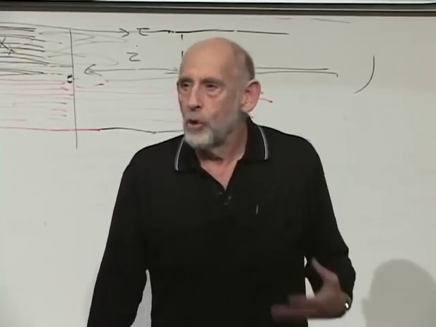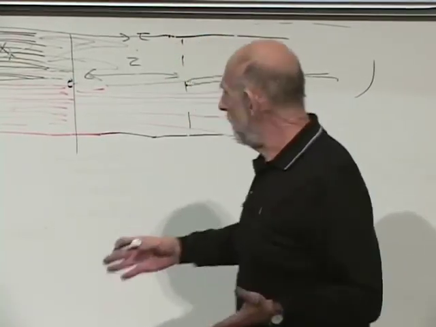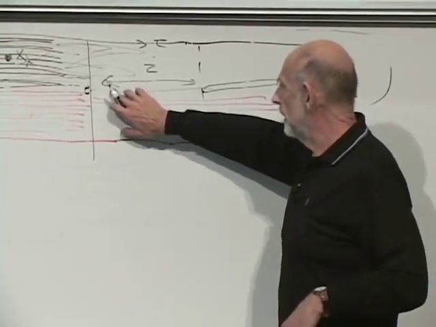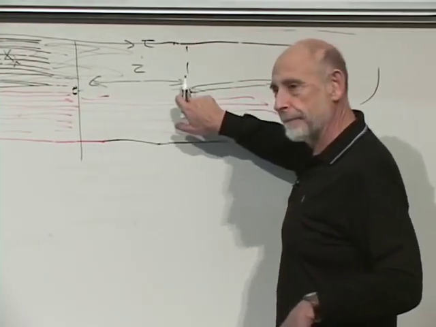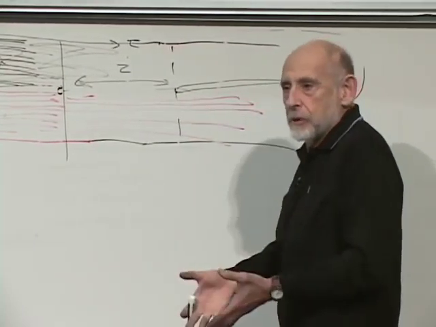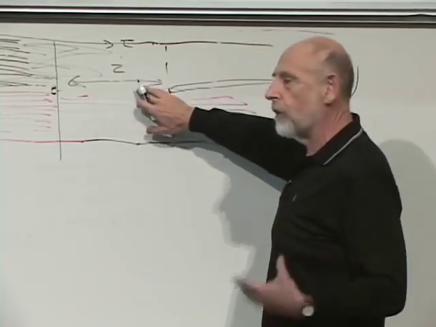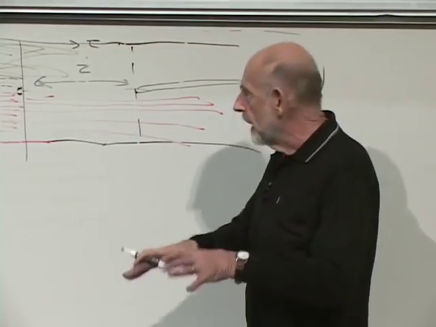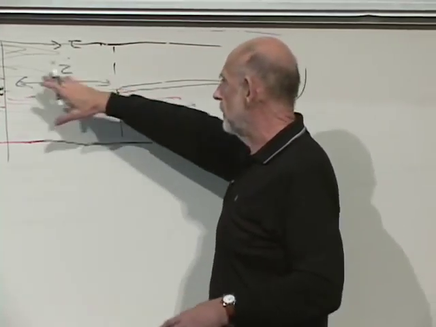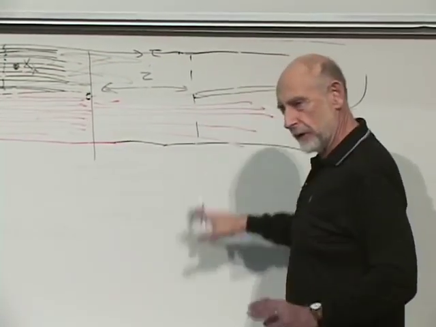This is the Feynman rule of summing over all possibilities. The only parameter here is the time that it takes for this to break up again. And Feynman's rule is sum over all paths, which in this case just means integrate over the time that they spent evolving together. That gives you the amplitude for the two particles in the initial state to become the two particles in the final state.